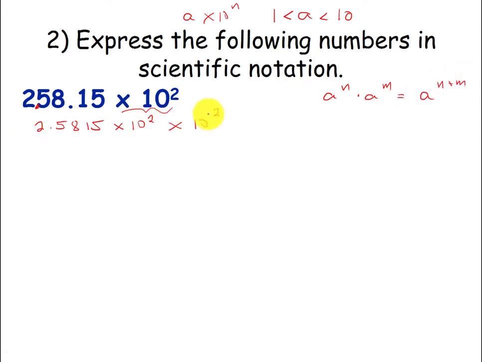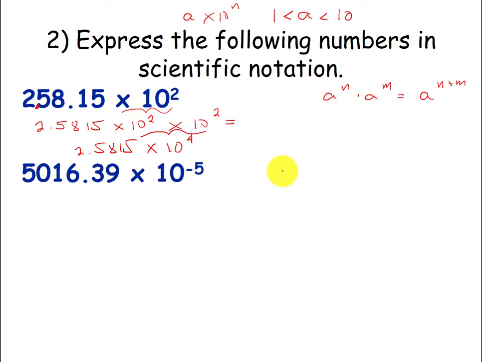Alright, so this one can be written as 10, keep the base, and add exponents, 4, bring down 2.5815 times 10 raised to 4. So this will be your scientific notation for 258.15 times 10 squared.